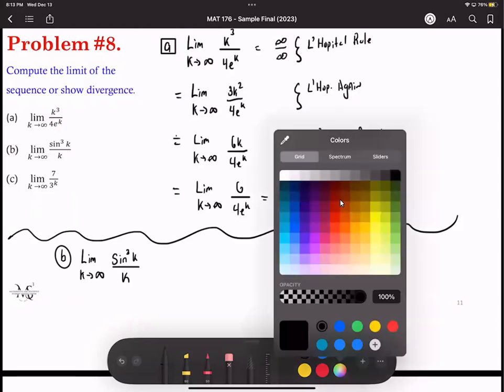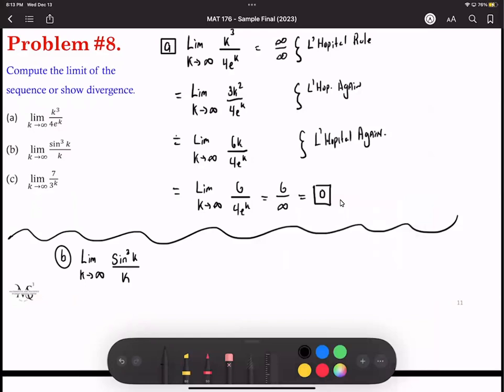Why can I use the squeeze theorem? What do you know about sine of k as k approaches infinity? The amplitude is between 1 and -1.